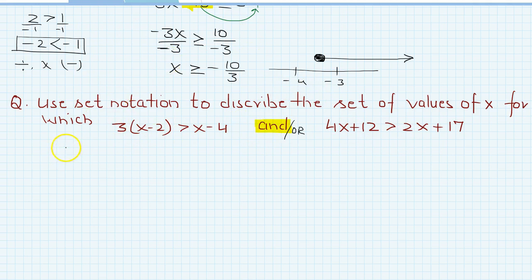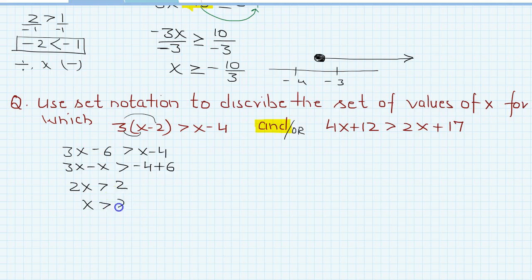So what we have here is 3x minus 6 is greater than x minus 4. We change the side of x, so it is 3x minus x is greater than minus 4 plus 6. We have changed the side of 6. So what we are going to have is 2x is greater than 2.